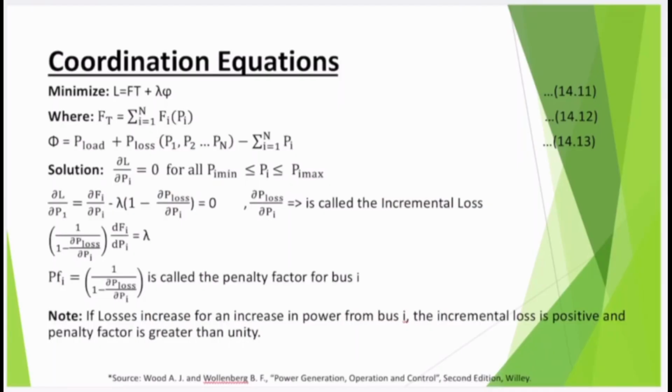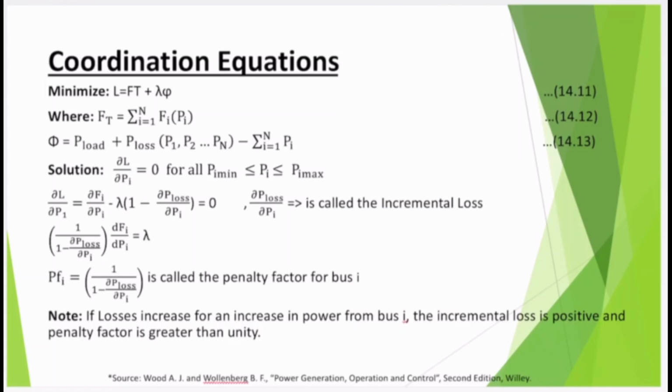Now we'll slowly get into an interesting topic known as coordination equations. Now the objective is to minimize L equal to the main function f(t) plus lambda times psi, where f(t) is nothing but the summation of all the cost functions of all the generators, that is, summation i equal to 1 to n of Fi(Pi), and psi is nothing but P load plus P losses, a function of P1, P2, up to Pn.